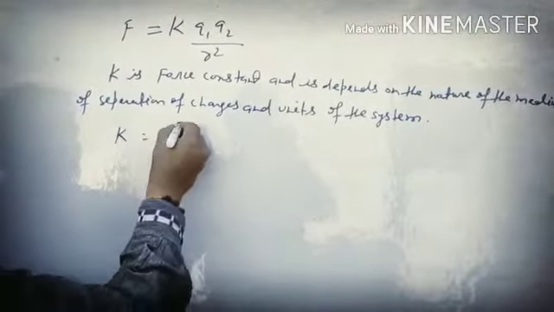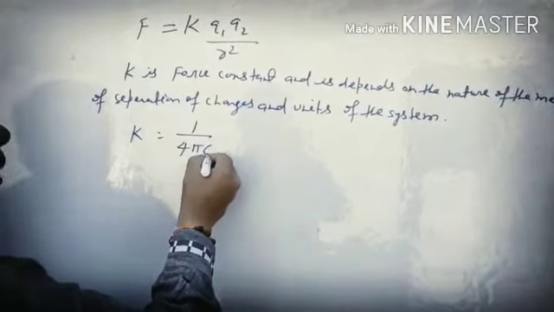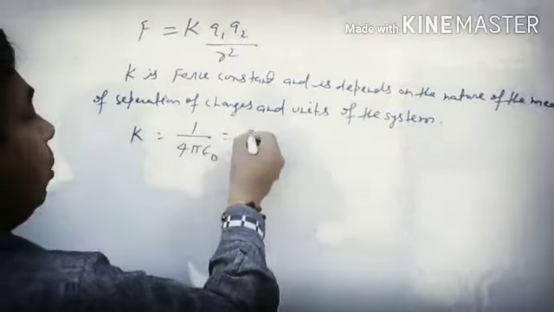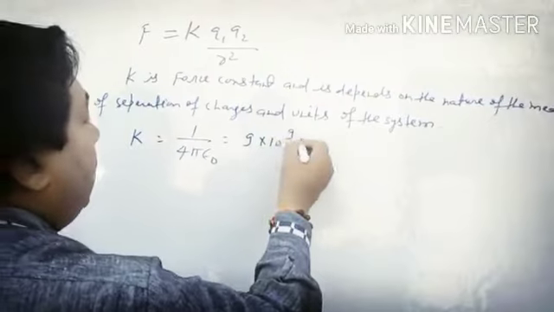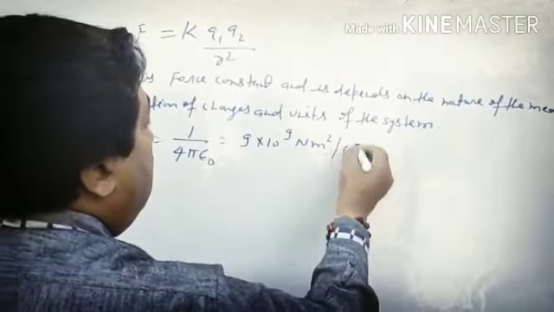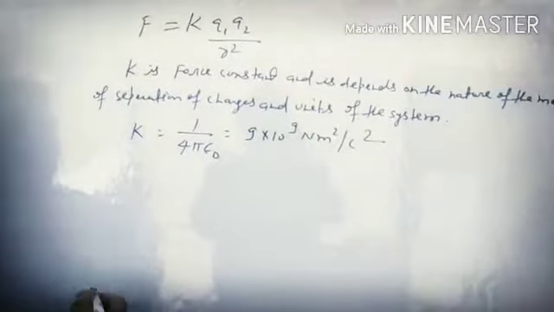K equals 1 upon 4 pi epsilon naught. Its value is fixed: 9 into 10 to the power 9 Newton meter square per coulomb square.